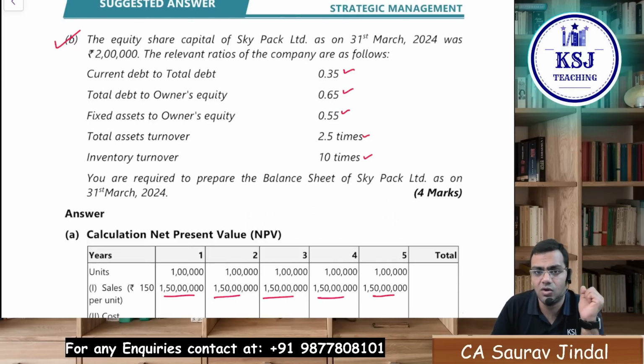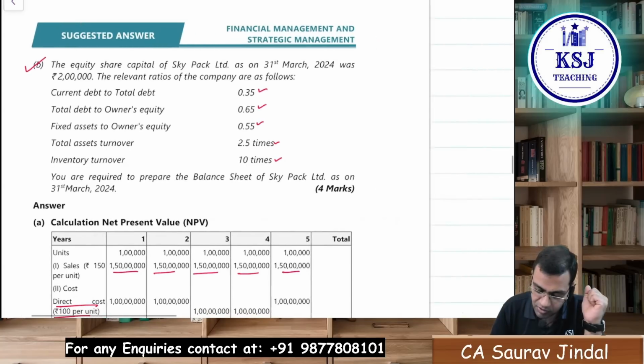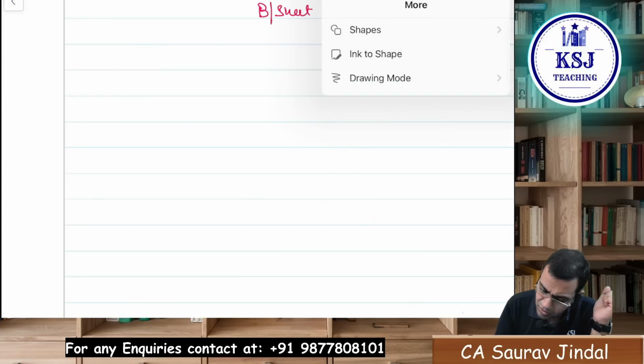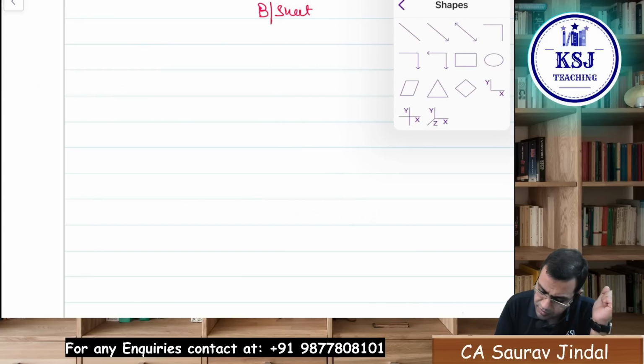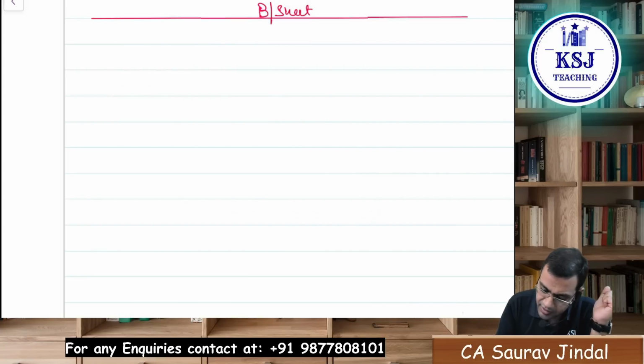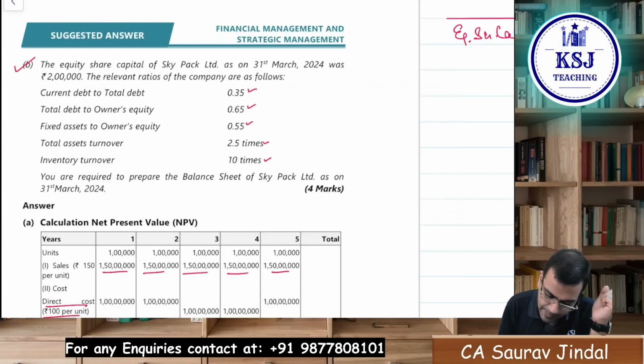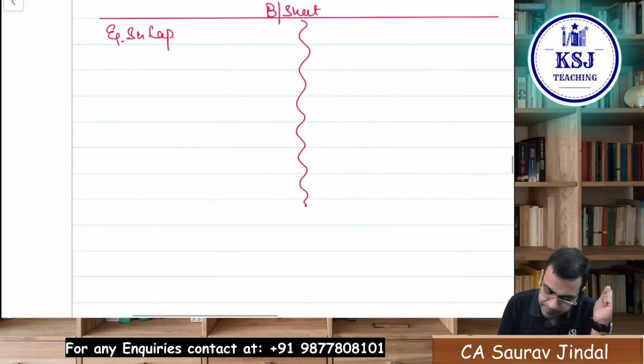In the balance sheet, what all things you will take, sir? If you talk about the balance sheet here, it will look something like this. The balance sheet will not have many items. The only few things that it will have is, one, equity share capital, right? Then it will have long-term debt.